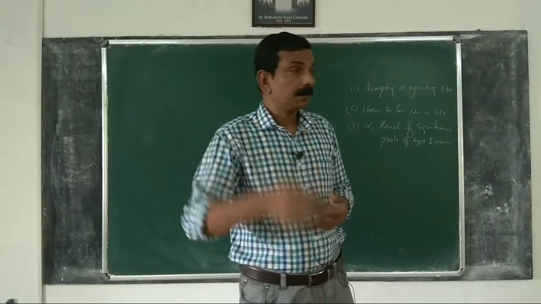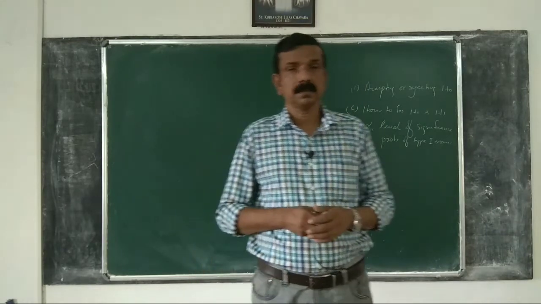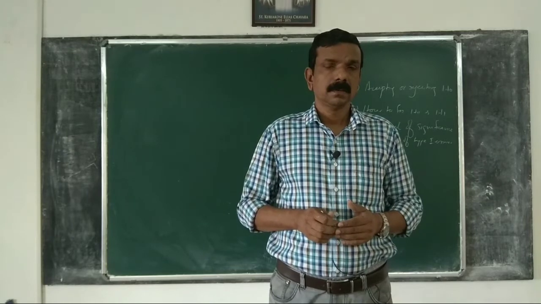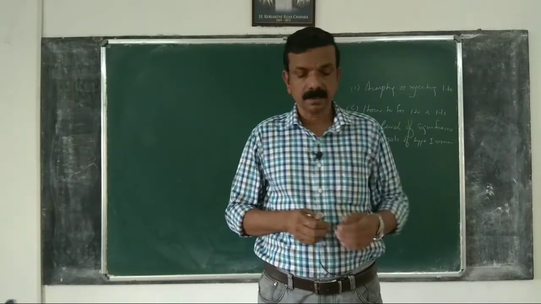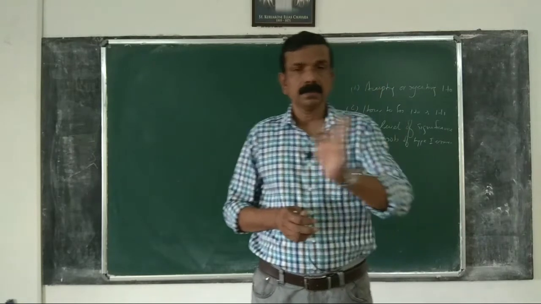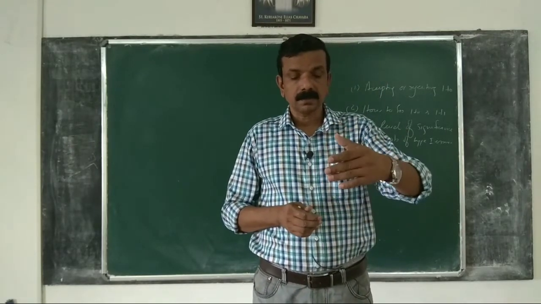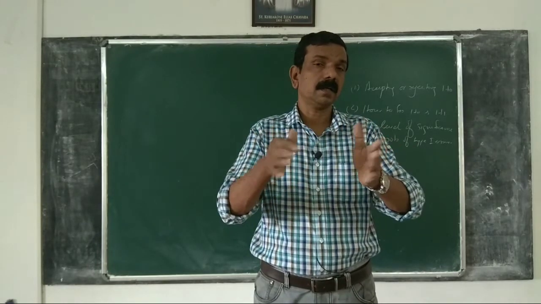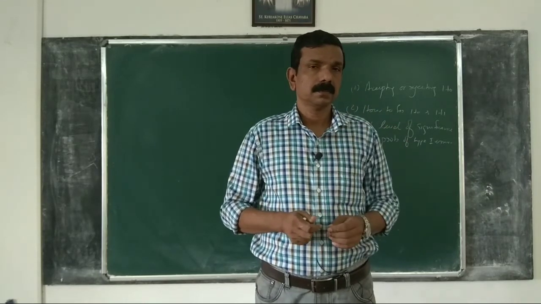So if type 1 error is costlier than type 2 error, fix alpha at a very low level. On the other hand, if the cost of making type 1 error is low relative to the cost of type 2 error, it is better to fix alpha, the first kind of error, high, because the cost of type 1 error is low.